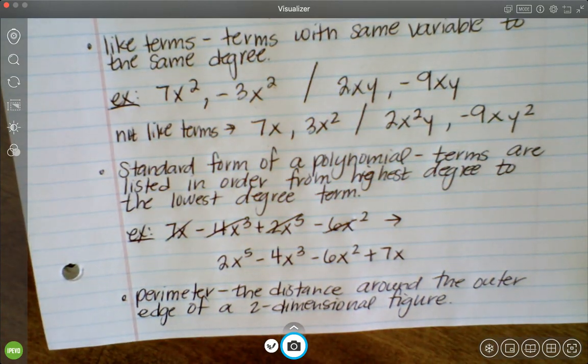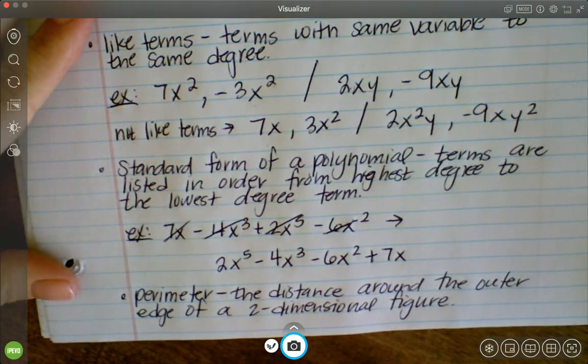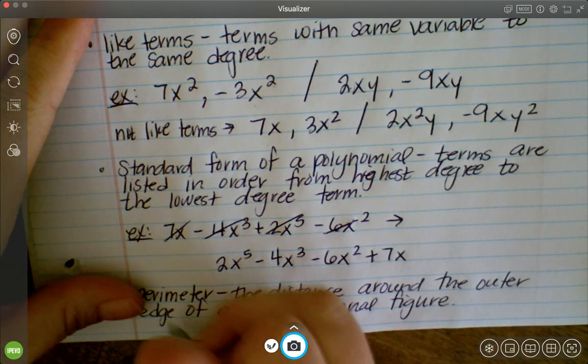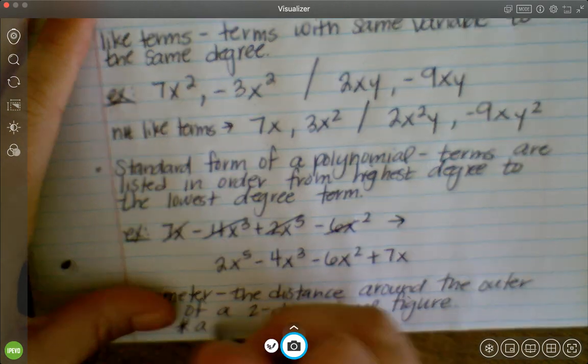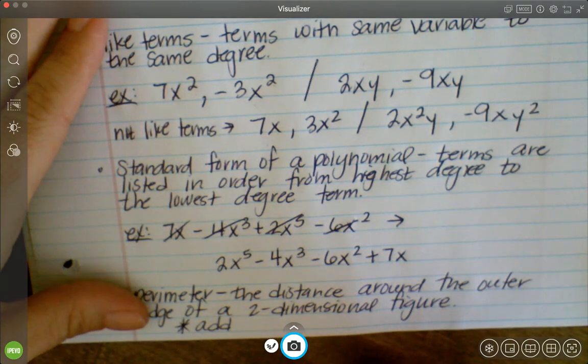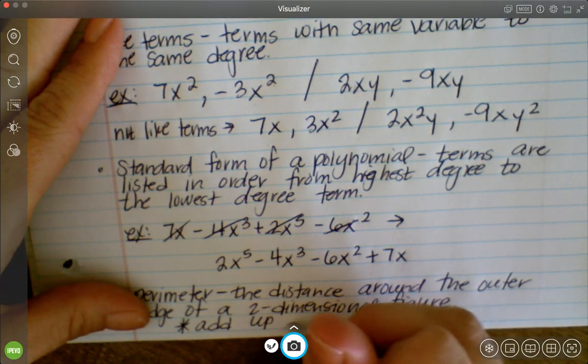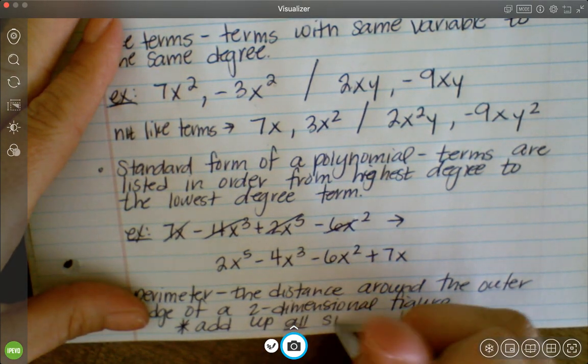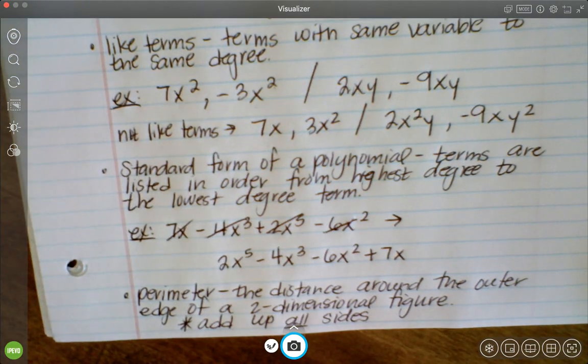And if you were asked to find the perimeter of a figure, you're going to add up all sides of the figure.